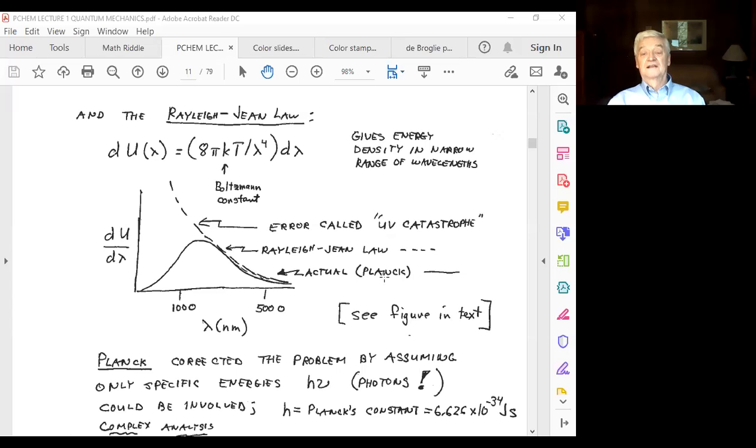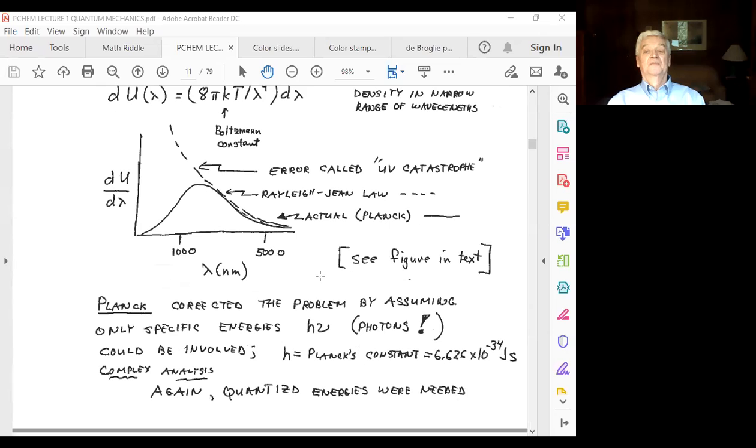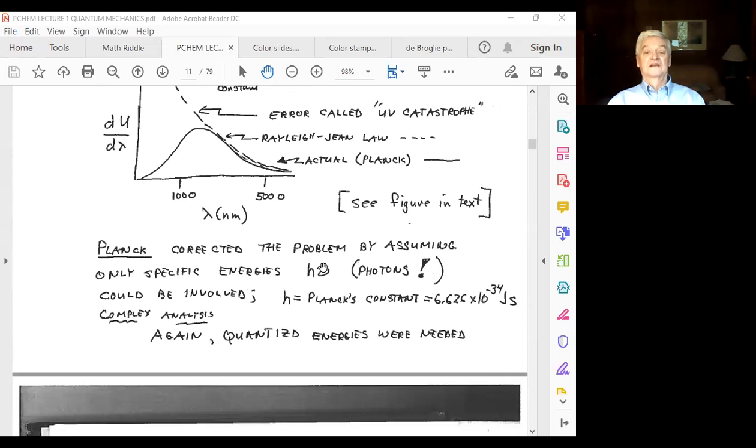Max Planck came along, and I'll show you a picture of him next time. And so pretty much he managed to fix this. But the way that Max Planck fixed it was by saying we have to assume that light comes in energy packets, h nu, and we call them photons. So that's why we call this the Planck constant.